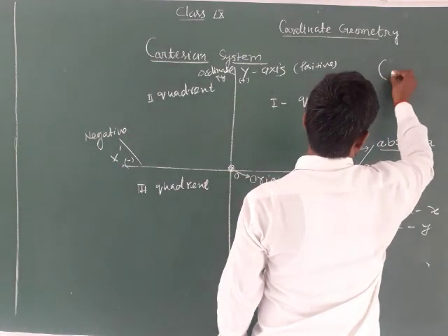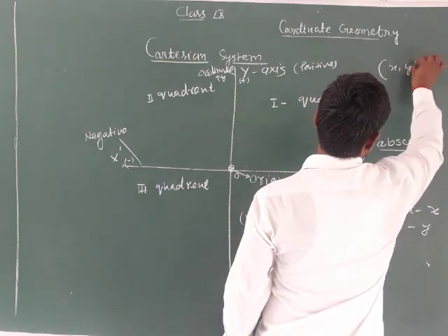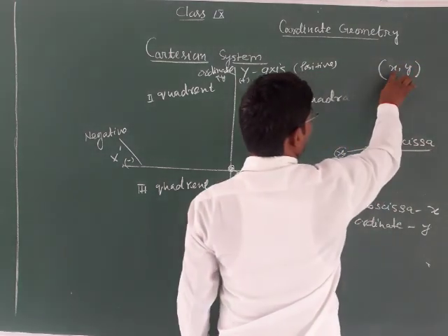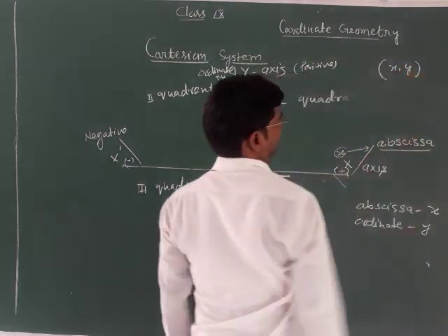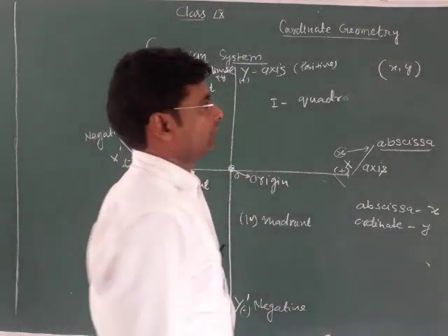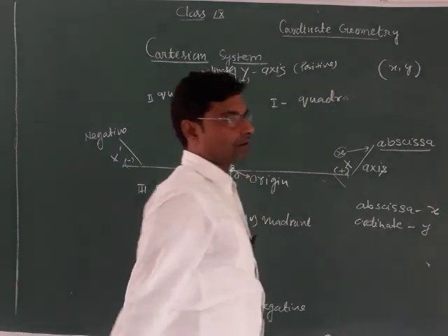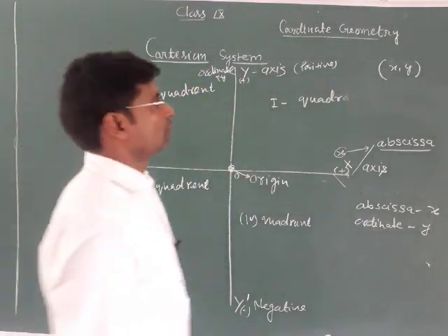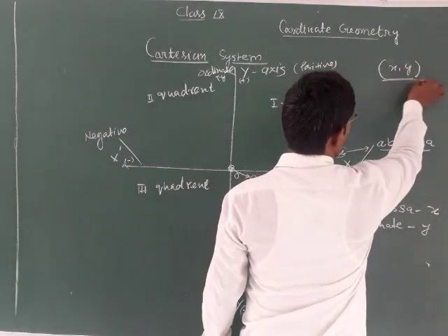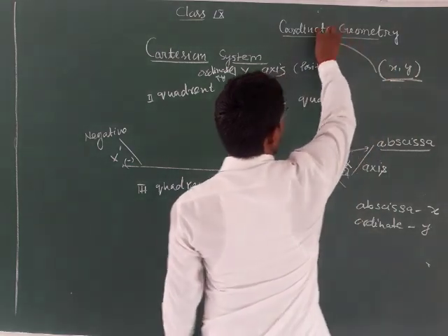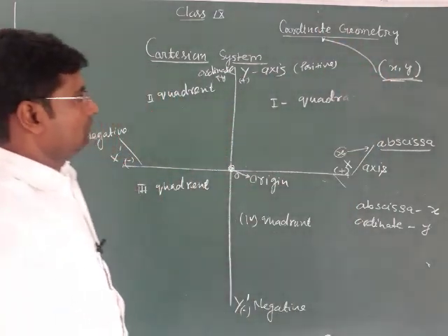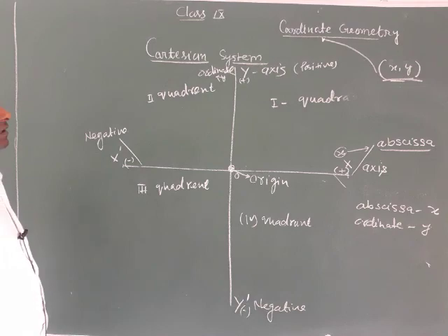So we represent it as (x, y): x for abscissa, y for ordinate, separated by a comma and closed in a small bracket. This is known as a coordinate.